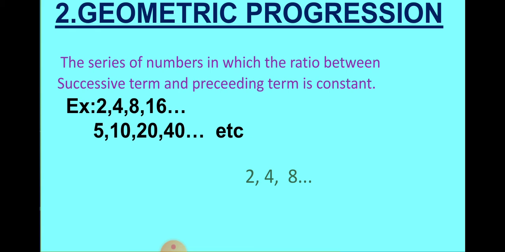Here the first term is 2 and the second term is 4. If we multiply the preceding term by 2, we will get the successive term 4. In the same way, if we multiply the number 4 by 2, we will get the successive term 8.